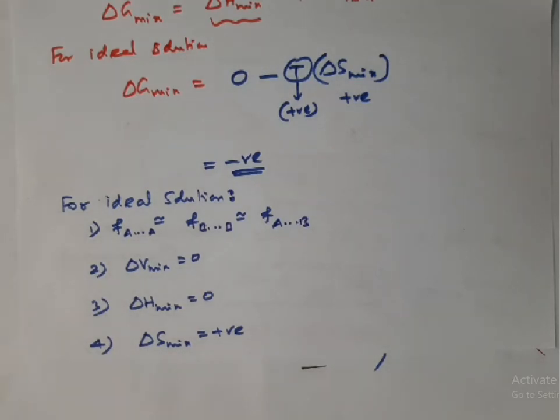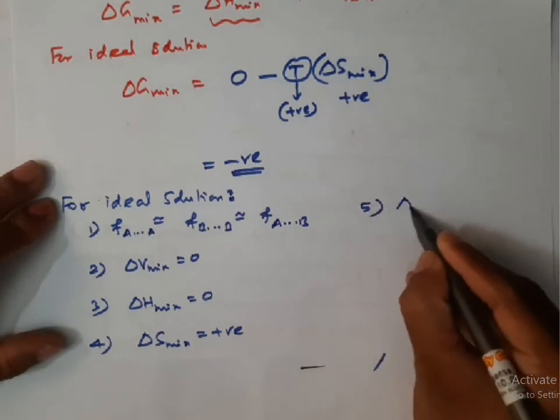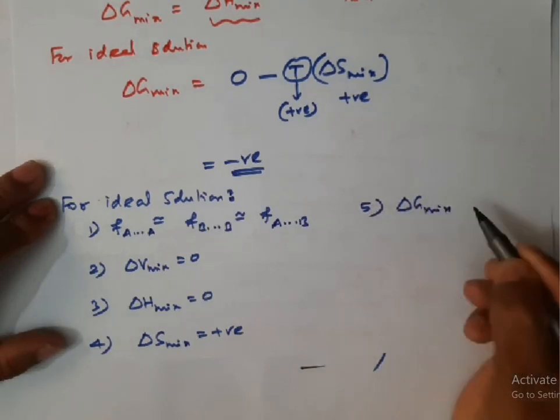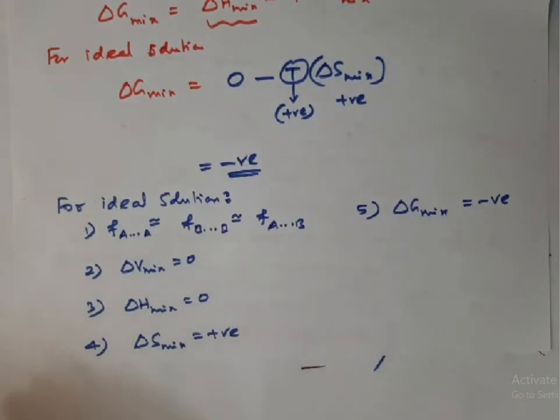Therefore, the total entropy of the solution is very high compared to the total entropy of pure liquids A and B. Therefore delta S mixing is positive. Then the fifth point, delta G mixing is negative because the two liquids mix together and form a solution. It occurs spontaneously, so delta G mixing should be negative.